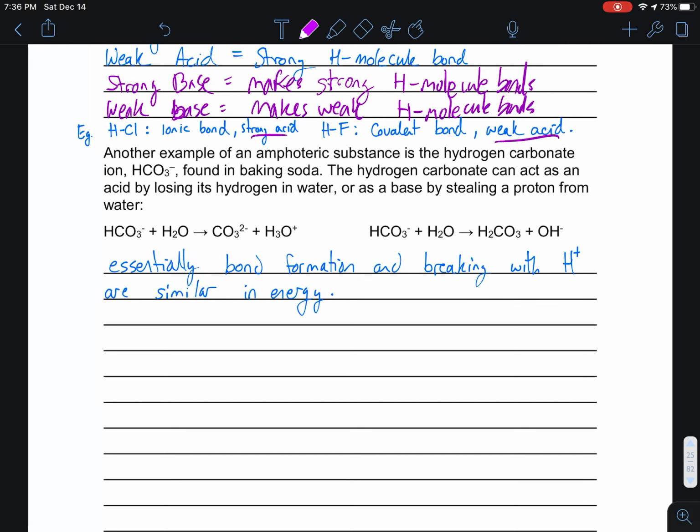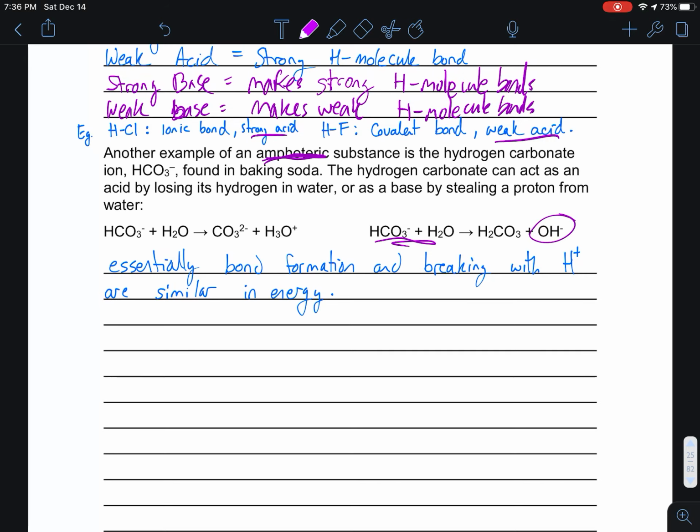So in some compounds, this bond energy that's being lost or gained is pretty much the same. This is what we call an amphoteric substance. So here we have something like bicarbonate. Bicarbonate can gain a hydrogen almost just as easily as it can lose a hydrogen. It could also steal a hydrogen.